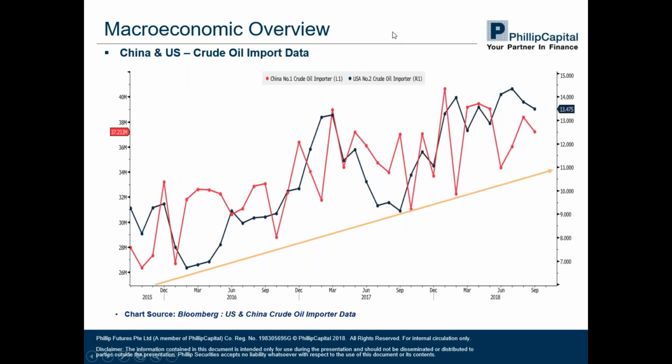And of course, I just want to put for you to see China and US crude oil import data, right? It's still on an upward shift. The US might have some softness, but that is also because the US produces quite a significant amount of oil.